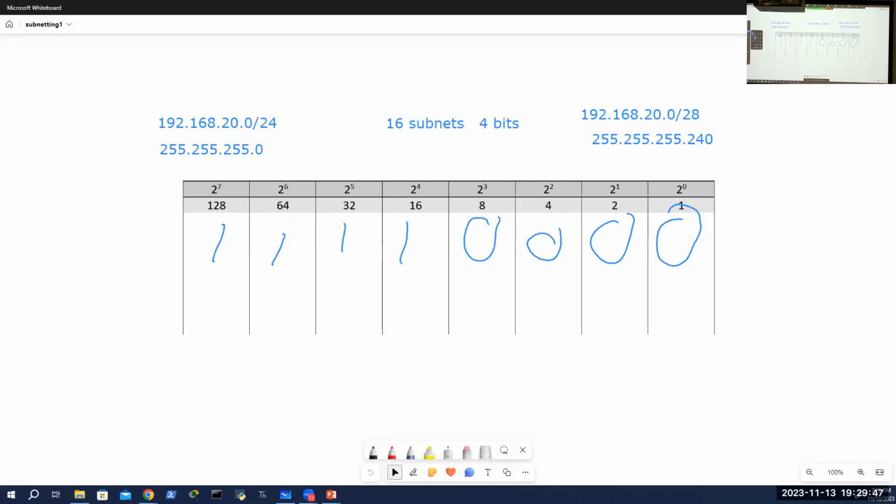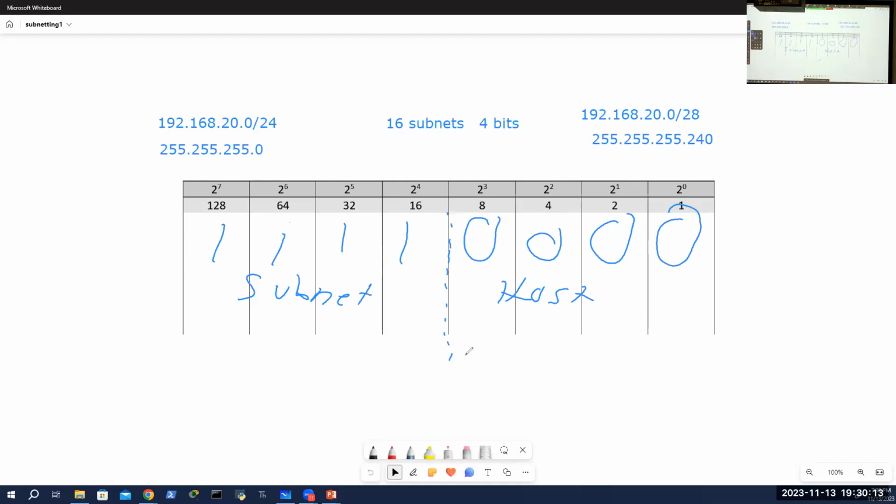Host and subnet bits. So that's where the 240 comes from, and that's where the 28 comes from, just adding the 4 bits.